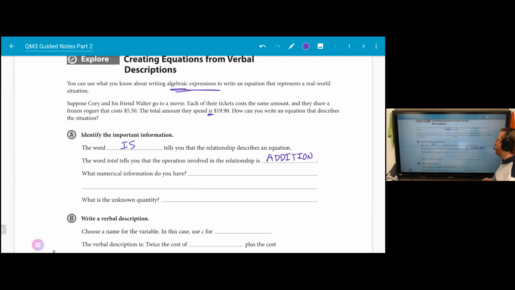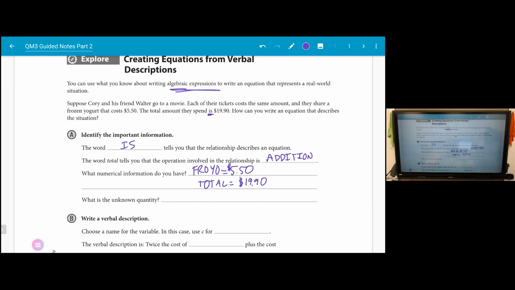So what numerical information do you have? Well, let's take a look at this. Right now we've got froyo, frozen yogurt. Our froyo is $5.50. We've got total is $19.90.